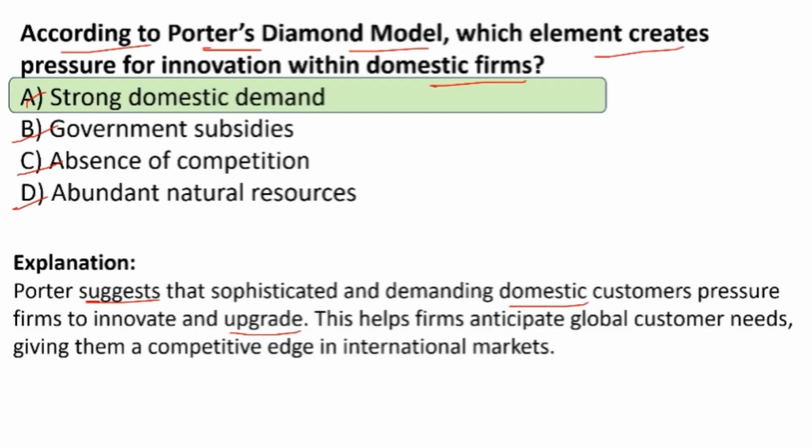Okay, this helps firms anticipate global consumer needs, giving them a competitive edge in the international market. Okay, so that is how firms can grow and be competitive in the market. Clear? So strong domestic demand is the correct answer.